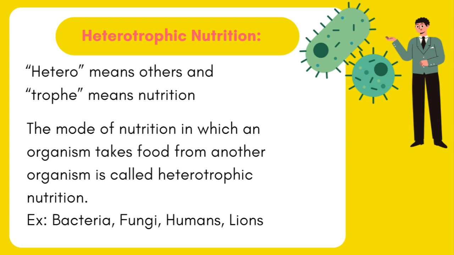If we are vegetarian, we want leafy vegetables or vegetables for getting the nutrients, or if non-vegetarians, they depend on animals. So this is where we depend on others for gaining nutrients. Examples are bacteria, fungi, humans, and lions. These are examples of heterotrophic nutrition.